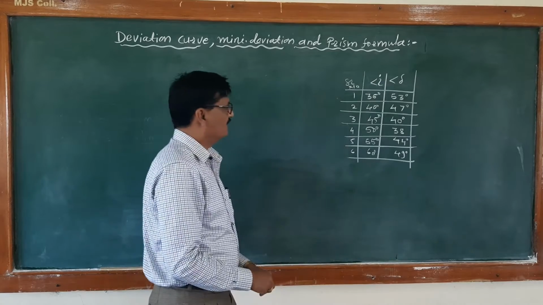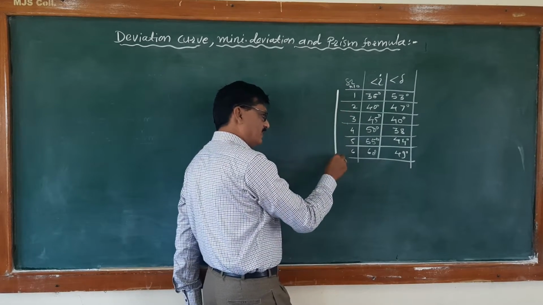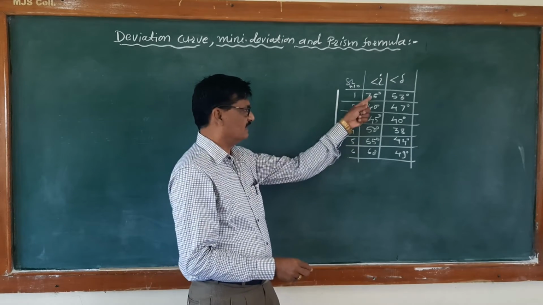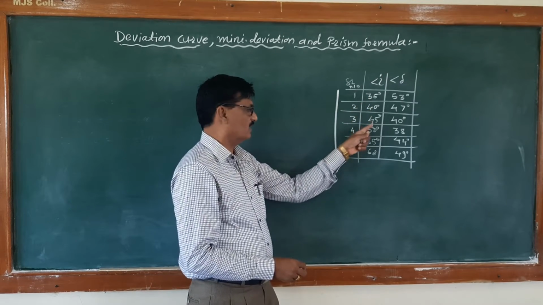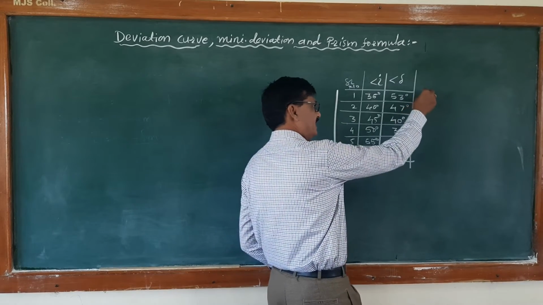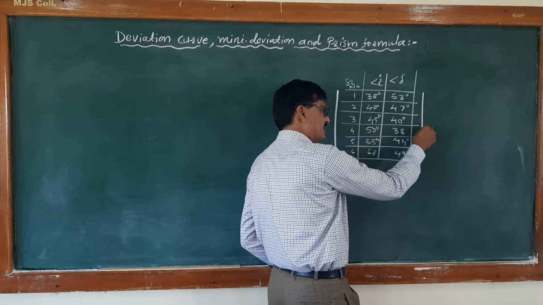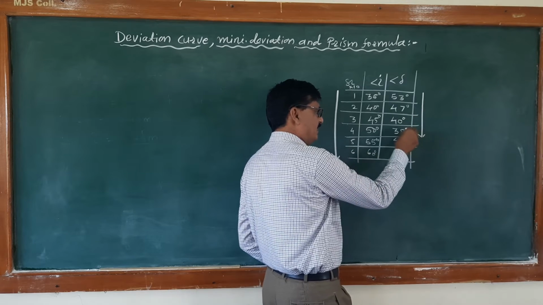This means that in this case, if the angle of incidence is increased by a small value, with angles of incidence 35, 40, 45, 50, 55, and 60 degree, and if you measure the angle of deviation, it initially decreases. It reaches a minimum value.